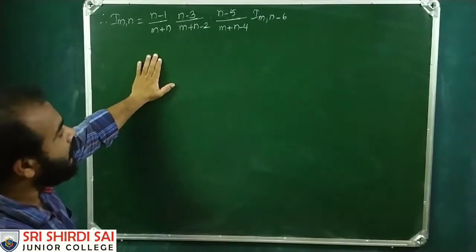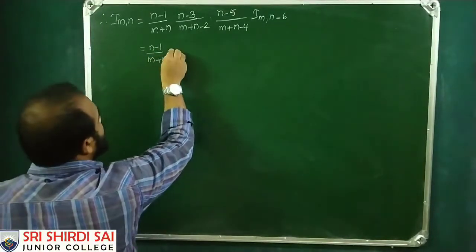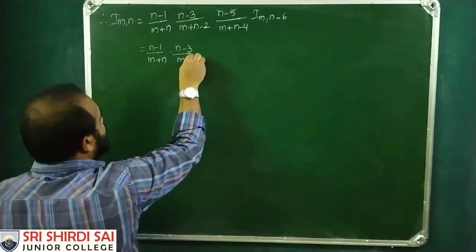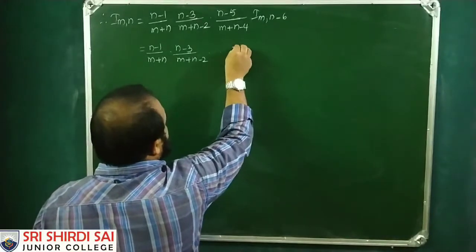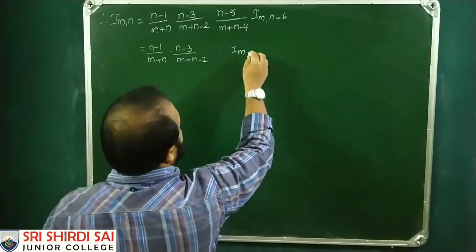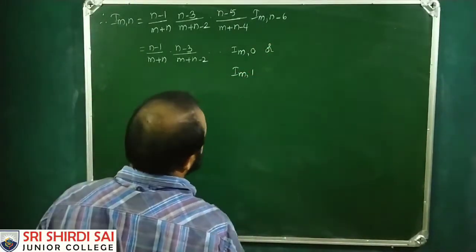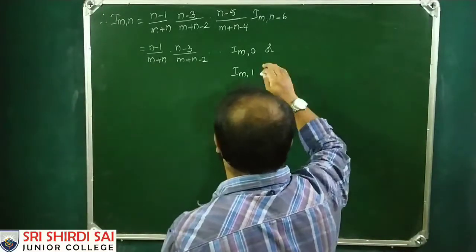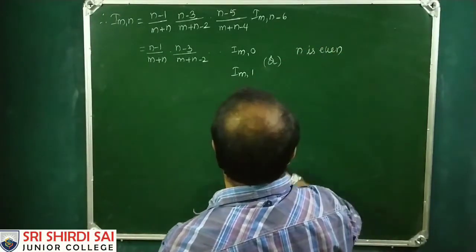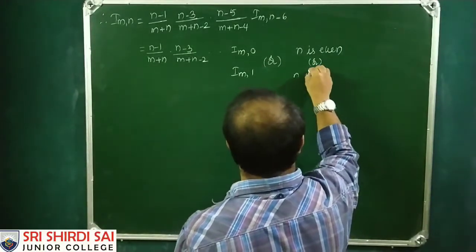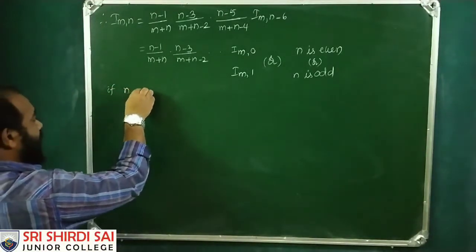Proceeding like this, we obtain (n-1)/(m+n) into (n-3)/(m+n-2), etc., I(m,0) or I(m,1) according as n is even or n is odd.